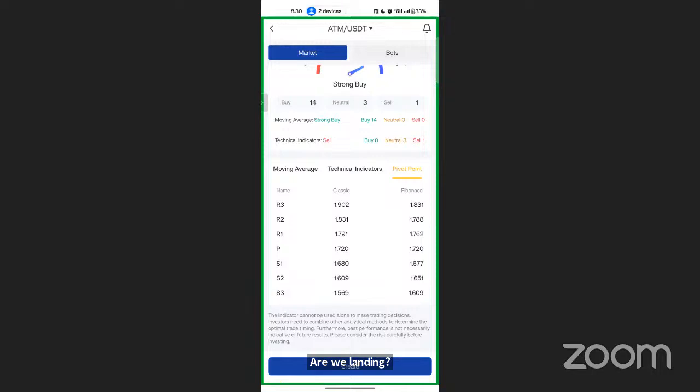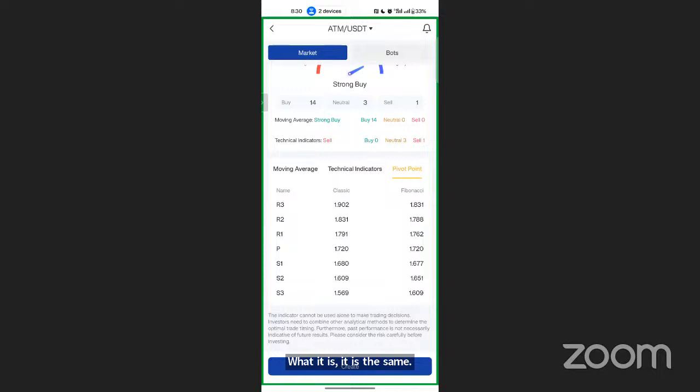Now, I want to go to the gist of what brought me here at Royal Q. When they are calculating the pivot point, whether it is classic or Fibonacci, it is the same. Okay, I hope that is clear.